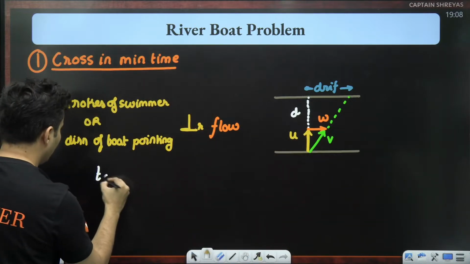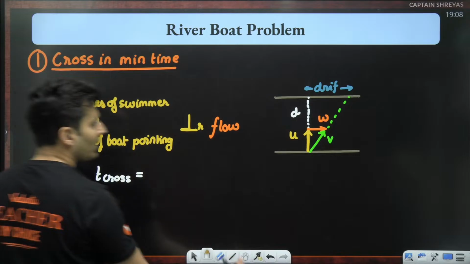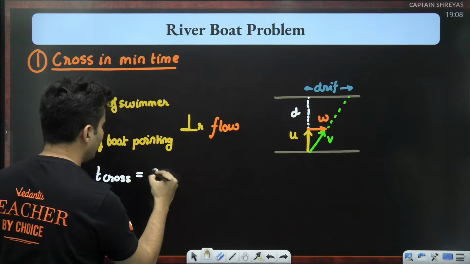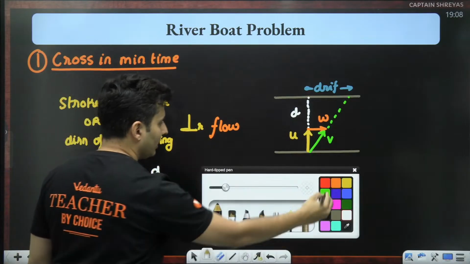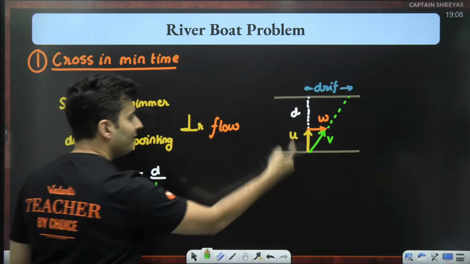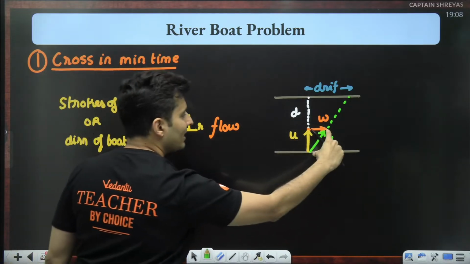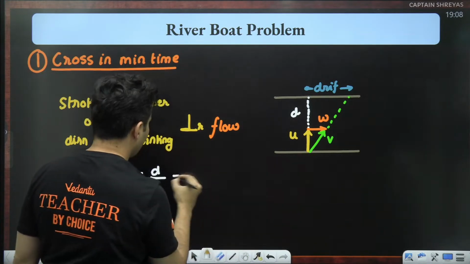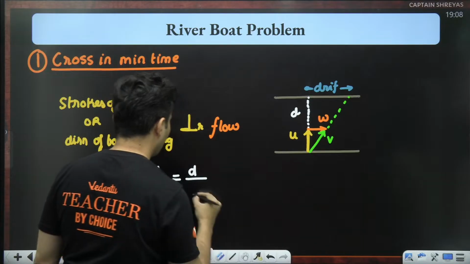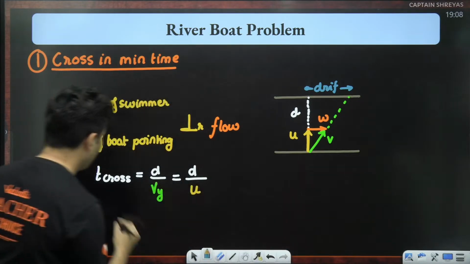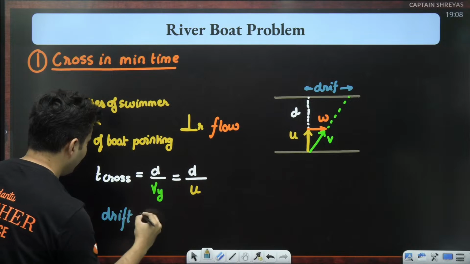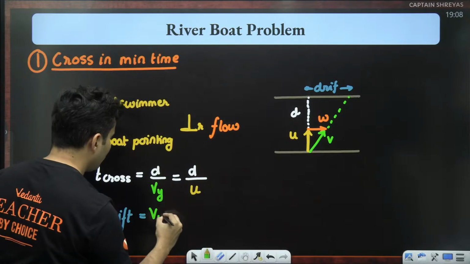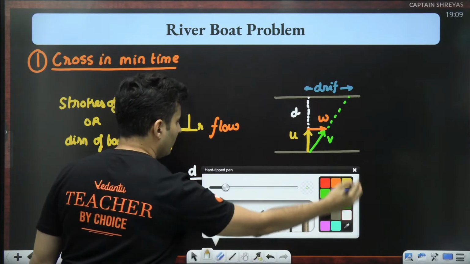Here, the time taken to cross can be seen very easily. The vertical component, how much will it be? Distance by your vertical component. The vertical component will be u itself, because you can see the vertical component of v will be u itself. So I can just say it will be d divided by the complete velocity u. And if you talk about the drift, my dear students, the horizontal velocity Vx into the time taken to cross.